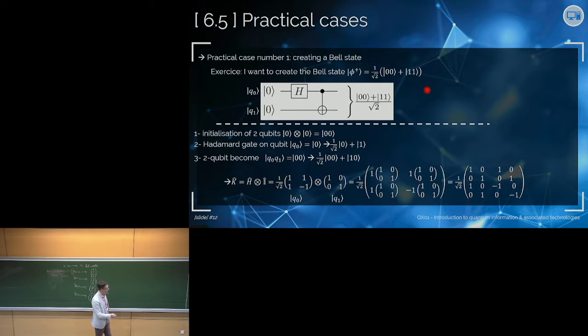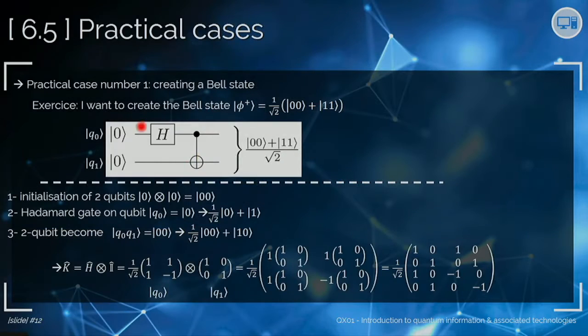What we demonstrated is how we can go from the computation to the circuit. When we start with 2 qubits in the initial state 0, 0, then if we apply first a Hadamard gate onto qubit 0, and then a controlled NOT gate between qubit 0 and qubit 1, then we end up with this state.